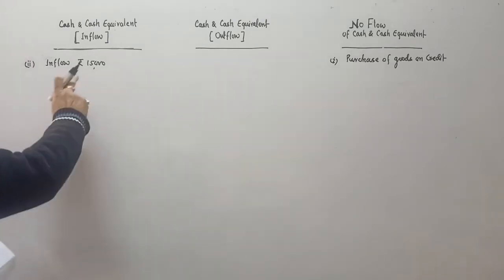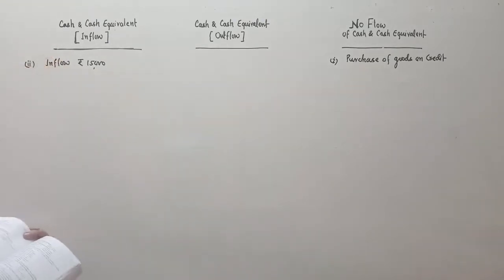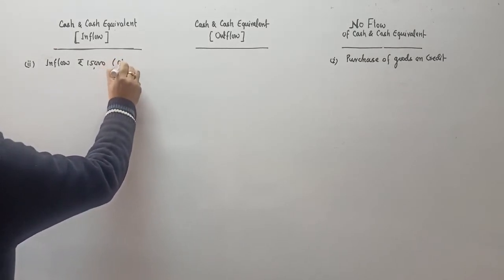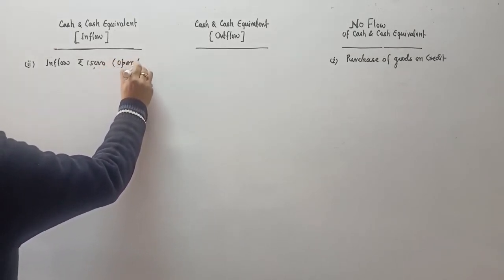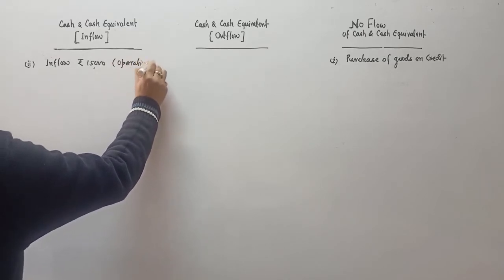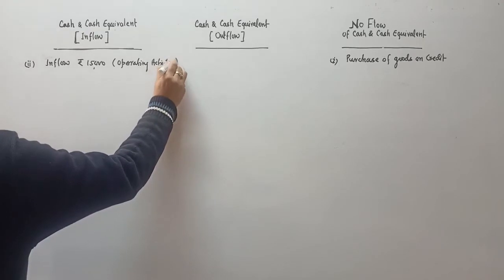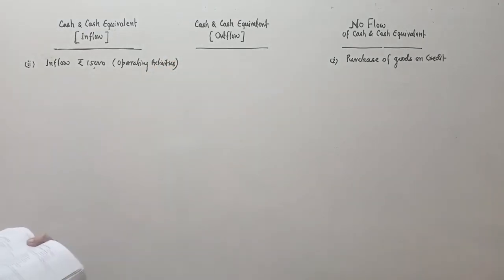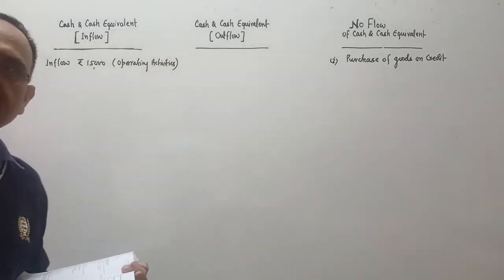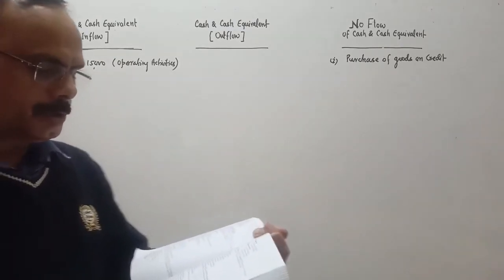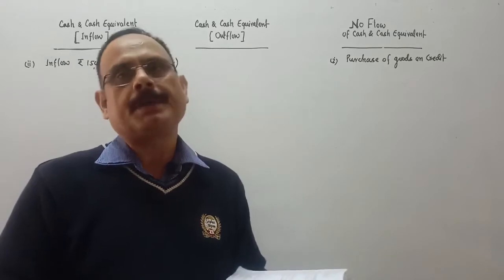So 15,000 is the inflow, and this comes under operating activities. Sale of goods, inflow under operating activities.